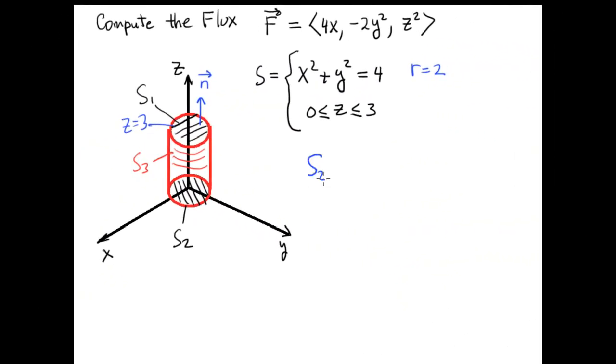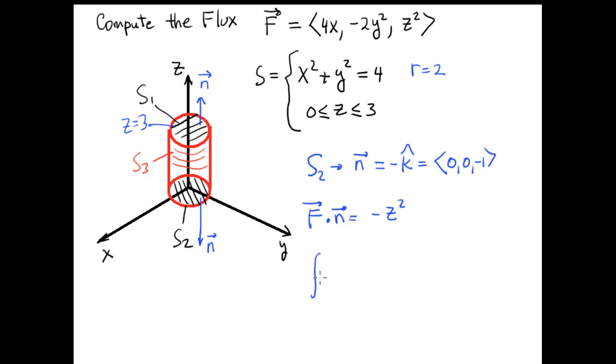In the surface 2, the unit normal vector is negative k, which is 0, 0, negative 1. When you perform the dot product between the vector field and the unit normal vector, the answer is minus z squared.